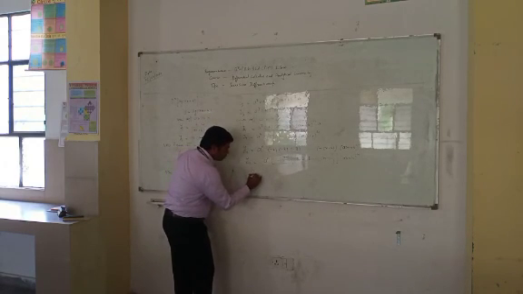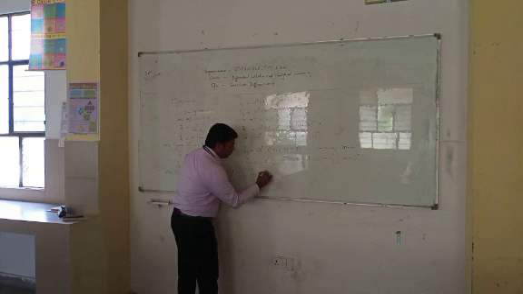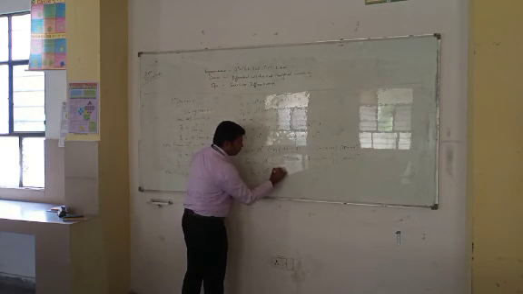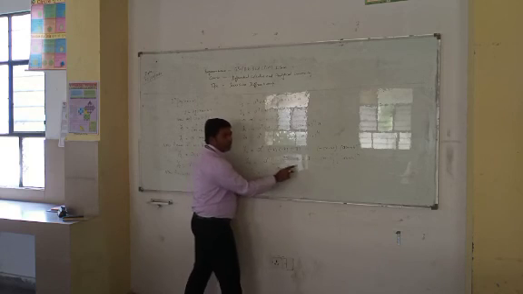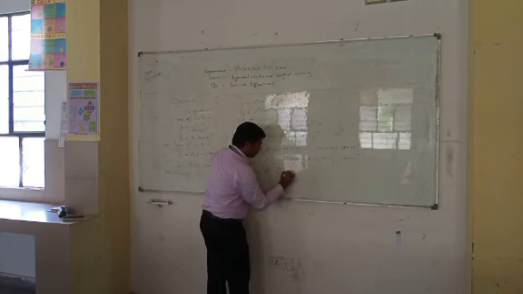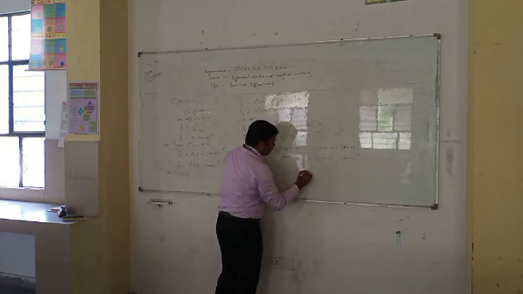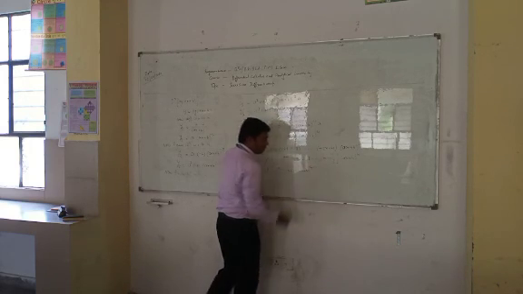So yn is equal to a to the power n and minus 1 to the power n minus 1 and factorial n minus 1, and ax plus b to the power minus n.